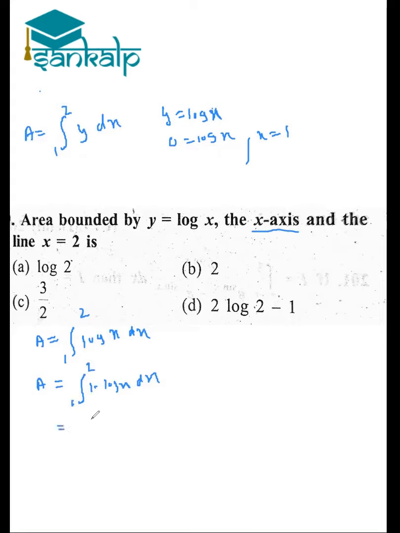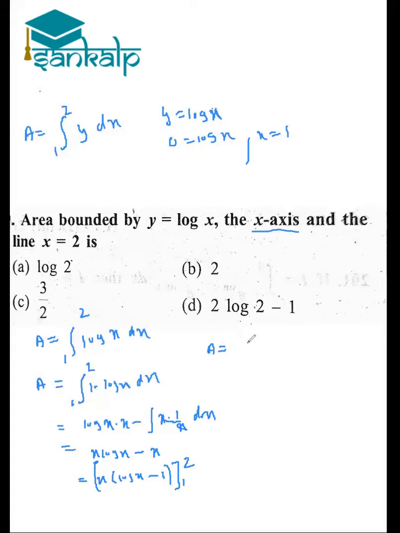Taking the first function as log x, the integration of 1 will be x, minus the integral of x times the derivative of log x, which is 1 by x, dx. So x and x will cancel off. We get x log x minus the integral of 1, which is x. On simplifying, it will be x log x minus x, with the limits from 1 to 2.